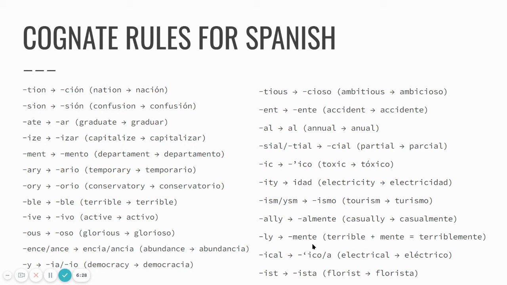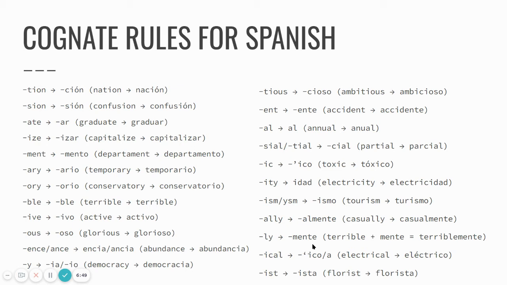If it ends in sion in English, it'll be sión in Spanish with an accent. Things that end in ate will become ar. Ize will be izar. Ment becomes mento.